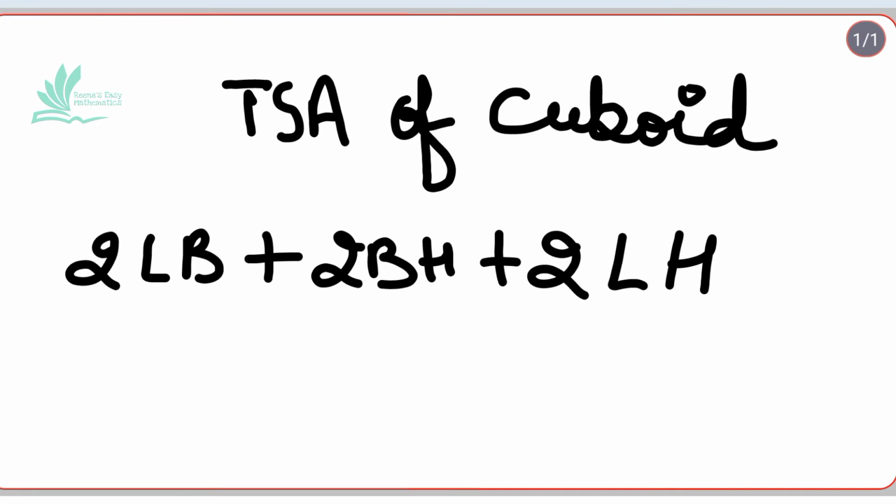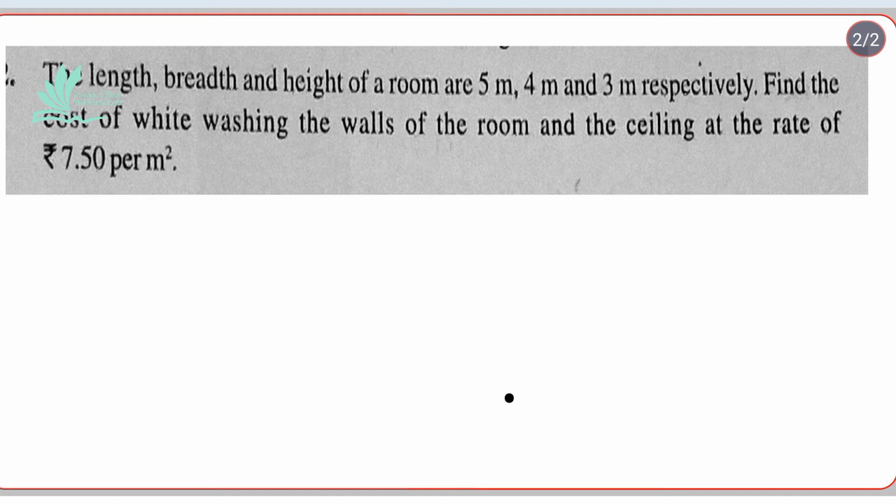We have learned the application of total surface area of cuboid in different situations. As in the last question, the top face was missing, so we reduced length into breadth from it. Similarly, the next question demands the cost of whitewashing the walls of the room and the ceiling.